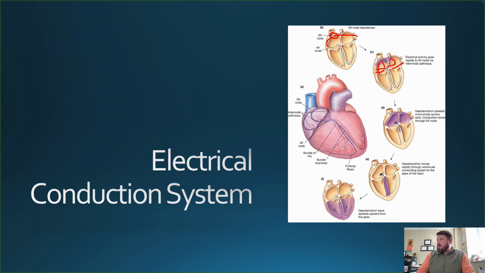After the atria has depolarized, the AV node will hold up the conduction for about 0.05 seconds to allow for ventricular filling. Then it releases and goes through the bundle of His into the left and right bundle branches, which transmit the impulse to the Purkinje network, and then you have a complete transmission of electrical conduction.